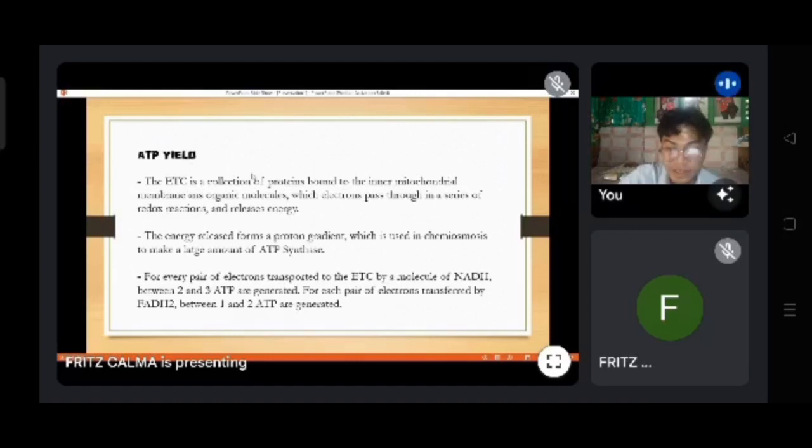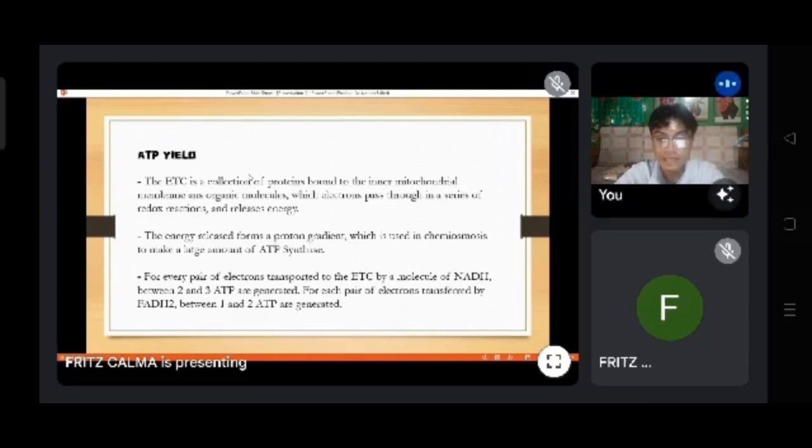Yung example po nito is yung mga sugars po natin, other than glucose, are fed into the glycolytic pathway for energy extraction. Yung mga 5 carbon sugars po natin, yun din po yung mga ibang examples po dito.